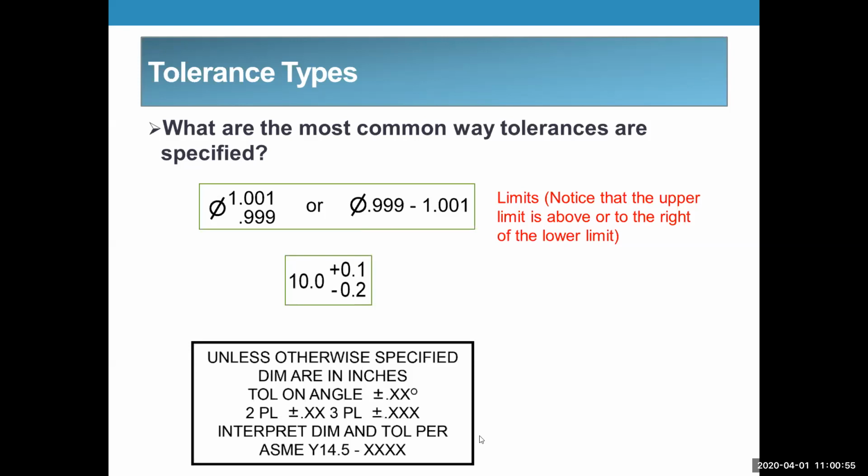So limits, this is what limits look like again. The upper limit is above or to the right of the lower limit, which I have some issue with when we're talking about holes and shafts, because this is a maximum material situation for a shaft.